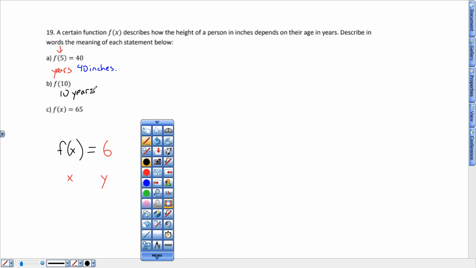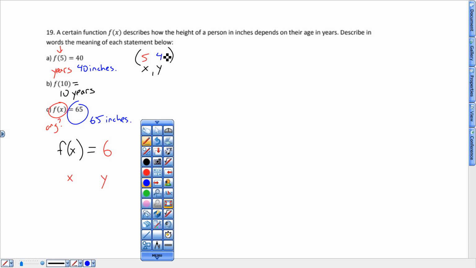This one right here, you don't know the age, but you do have the height. The height is 65 inches. So you know the height of the person, but you don't know what their age was or how many years. The middle one, you know that person is 10 years, but you don't know their height. And then that top one gives you both the x and the y. That's kind of what these problems are for. That top one's giving you the x number of years. y is the number of inches.